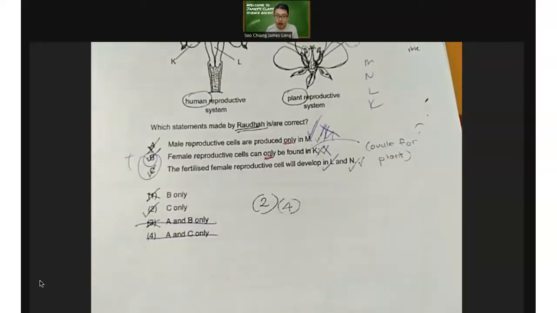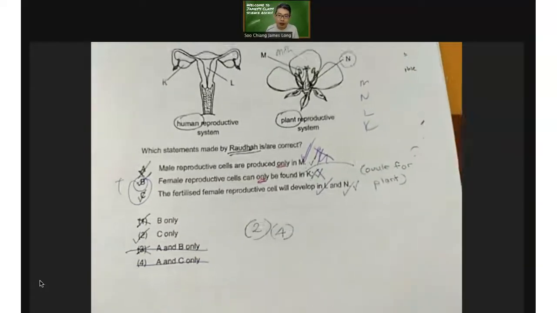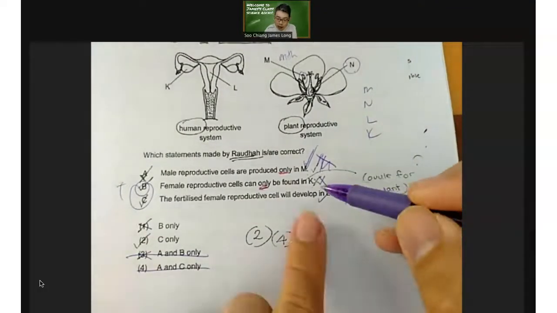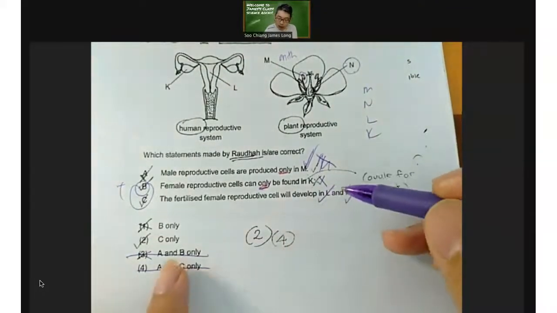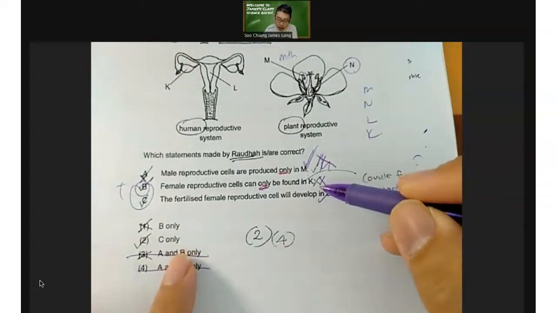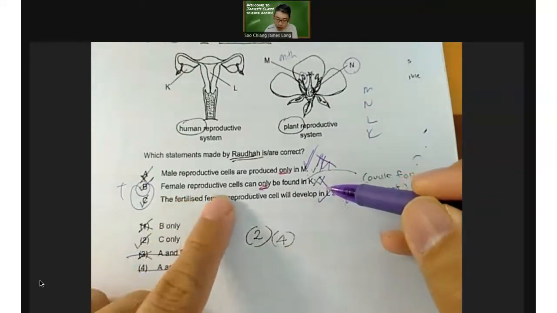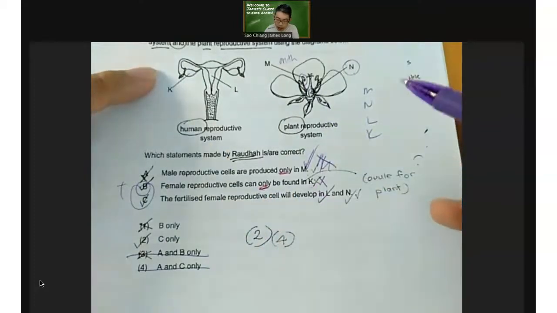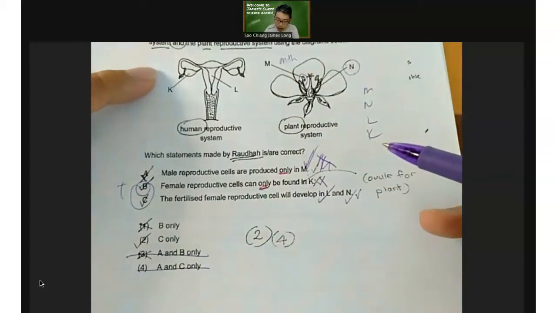In this case, we must choose the one that we're most confident in. I would choose number 2 then. I'll choose female reproductive cell can only be found in K. It's definitely only in K.